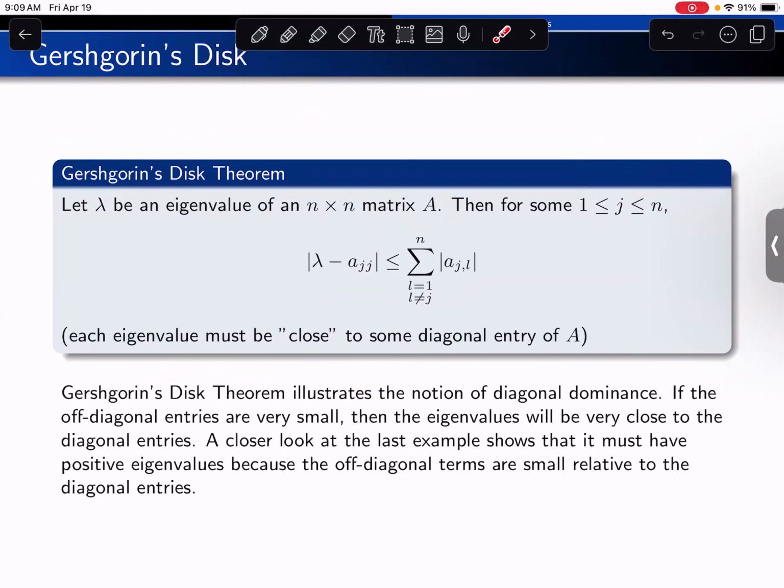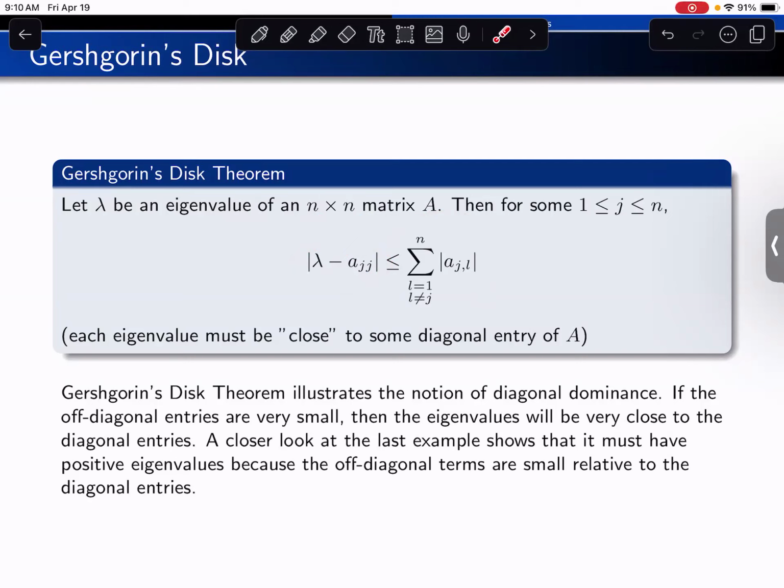But we have the following statement that says that if lambda is an eigenvalue of an n by n matrix, then the difference between lambda and the diagonal entry of your matrix, a_jj, is going to be less than or equal to the absolute value of the sum of all the terms off of the diagonal of that row.